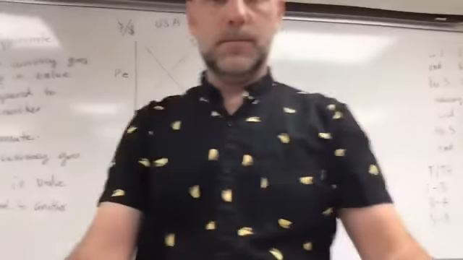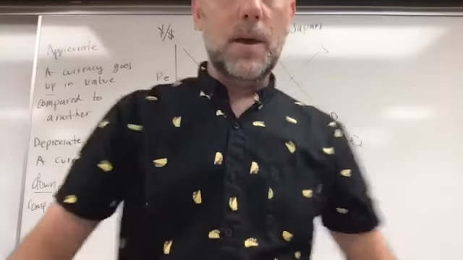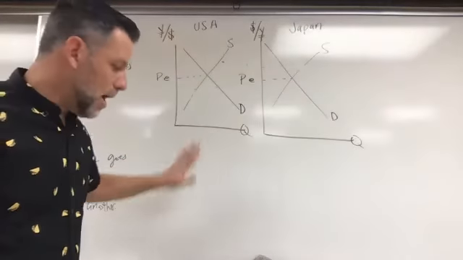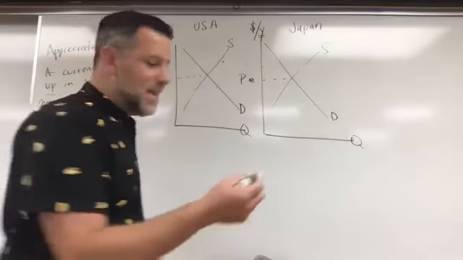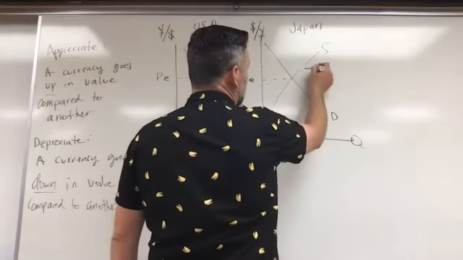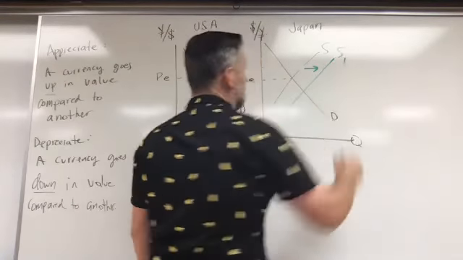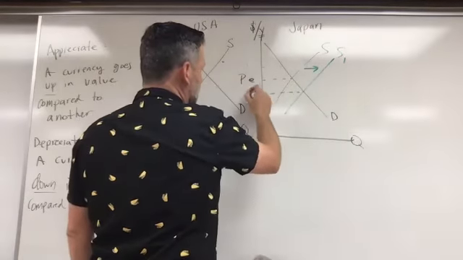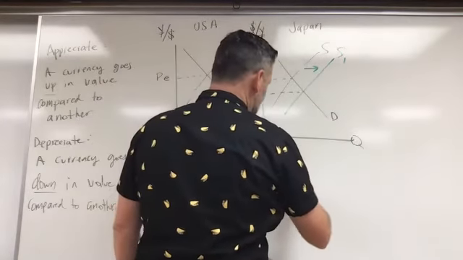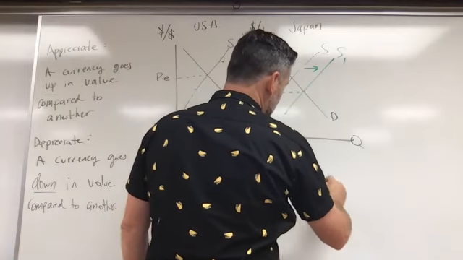There we go. Line that up. All right. So going back to our model right here, what's happening? Well, what we're seeing is the supply of yen is going up. Right? When the supply of yen goes up, yen depreciates.